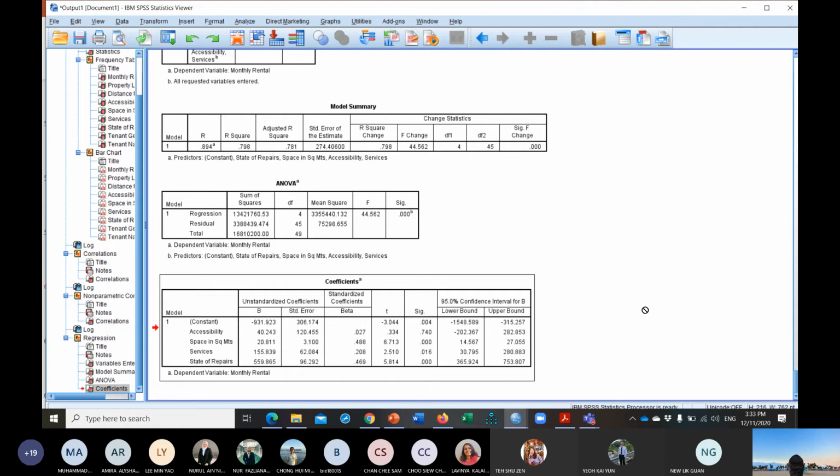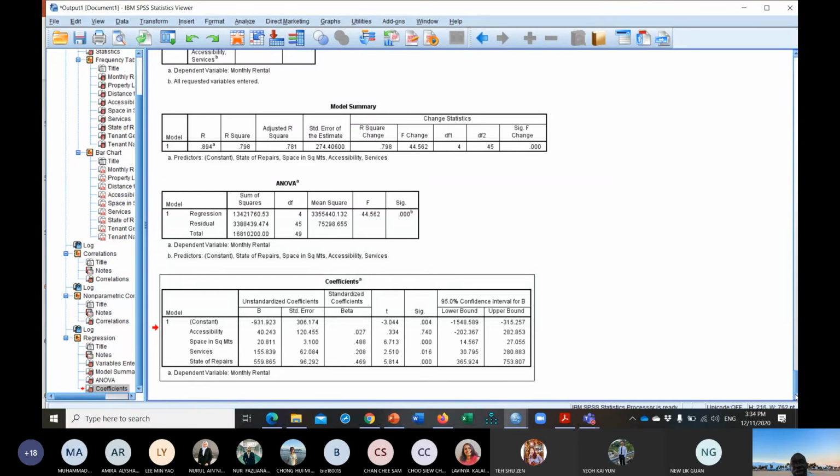Is that okay? Are we okay with this? So far, okay. I will screenshot the model summary and the coefficient table so that I will add it to the slide.